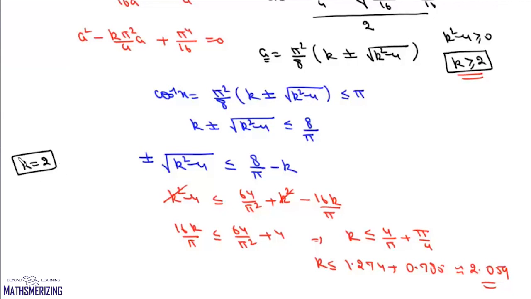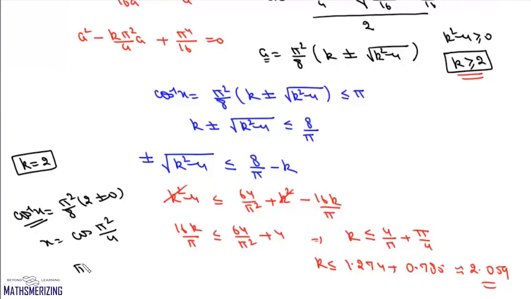Now if the value of k is 2, we can simply write cos inverse of x as pi square by 8 into 2, and then plus minus 0. So x will be cos of pi square by 4. And if we put cos inverse x as pi square by 4, we can find the value of y also.